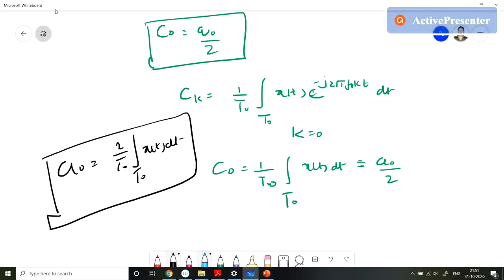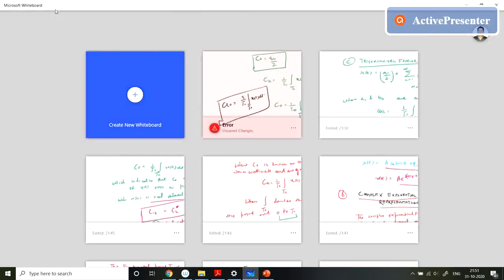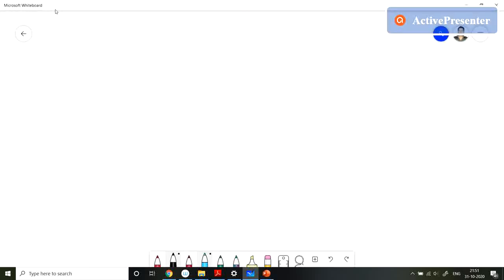So c0 = a0 divided by 2. Similarly, we can find the relation between ak and ck.